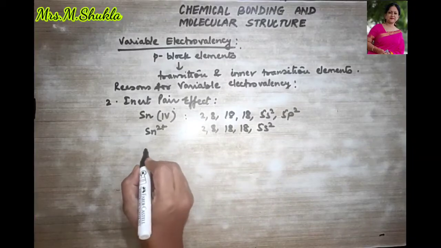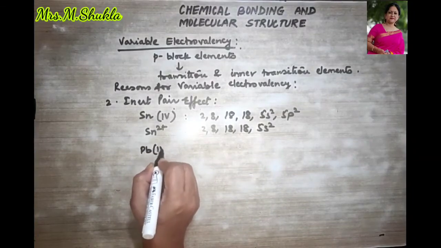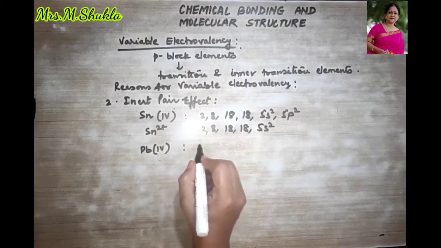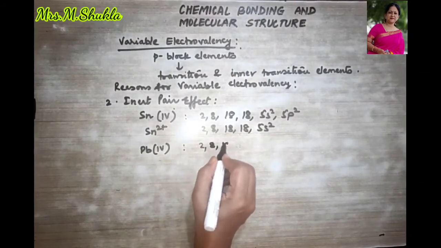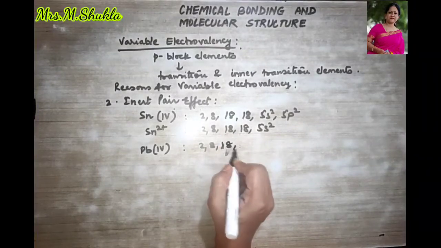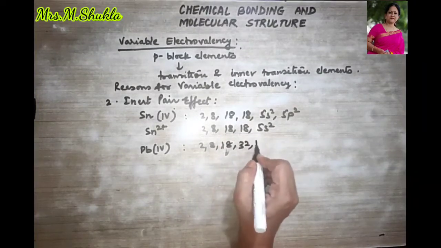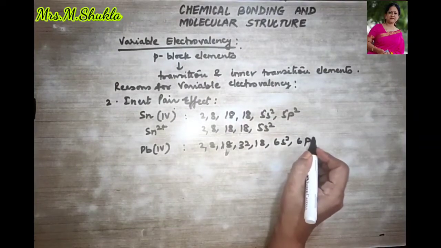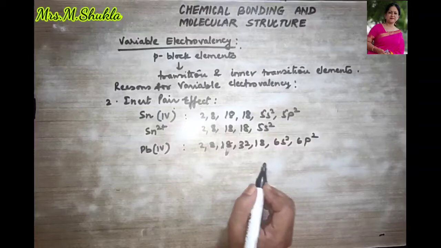Clear? Let's take one more example of lead, which is also found in the fourth group. So its configuration will be 2, 8, 18, 18, 32, 18, 6s2, 6p2, right?